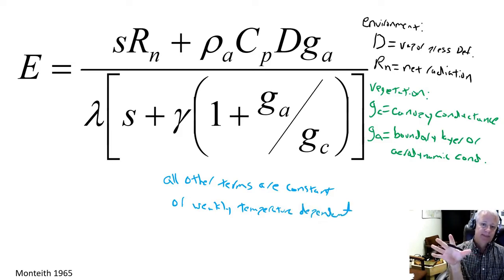So the Penman-Monteith equation is used in a lot of ways. You could theoretically use the Penman-Monteith equation to predict the transpiration rate of a stand or to indirectly measure the transpiration rate of a stand by measuring, for instance, canopy conductance, measuring the parallel sum of all leaves in the canopy.